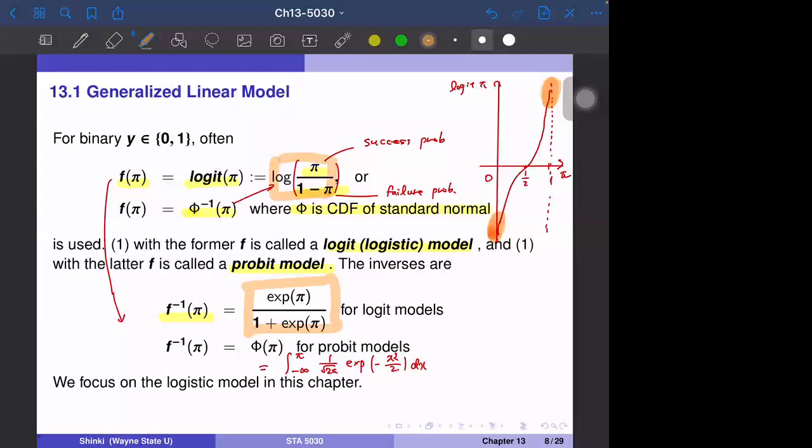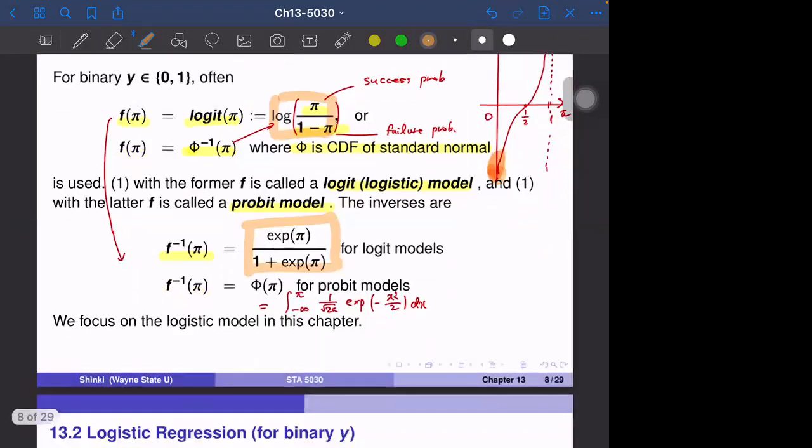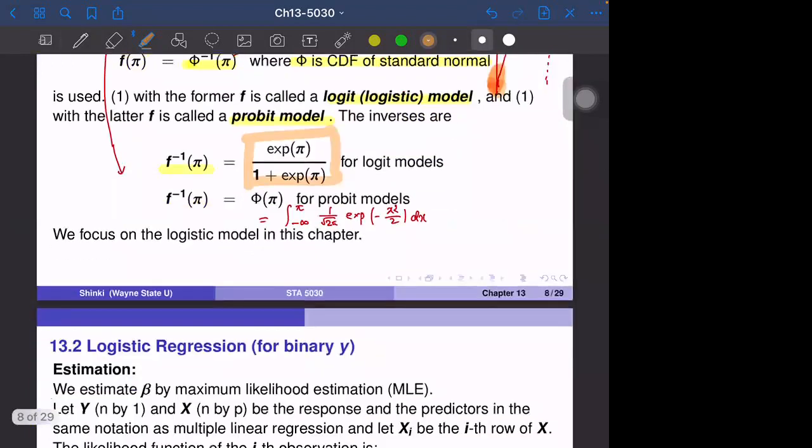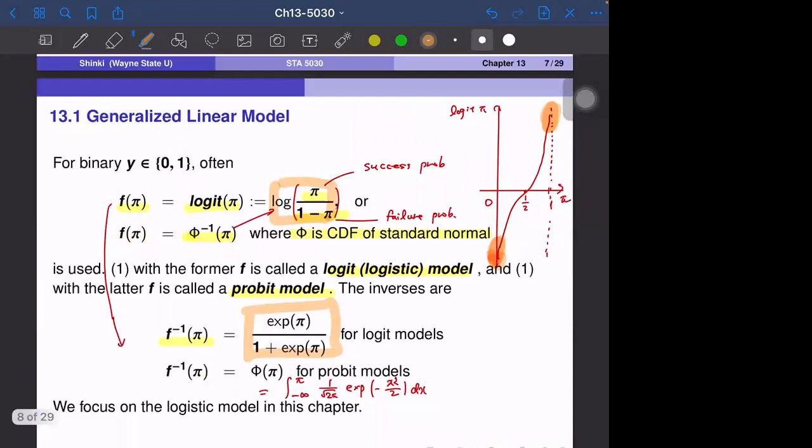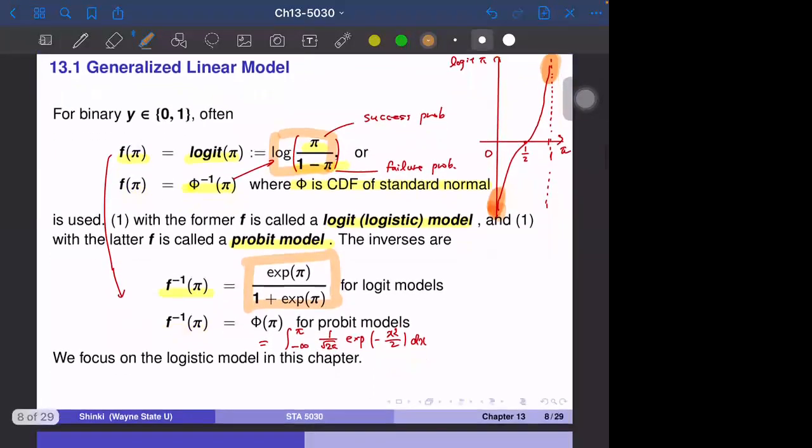So if a contradiction happens, where we fail with very high success probability, or succeed with very low success probability, the likelihood function is unstable and estimation is difficult for the probit model. But for some data, the probit model fits better. So this is an overview of the logistic regression model.